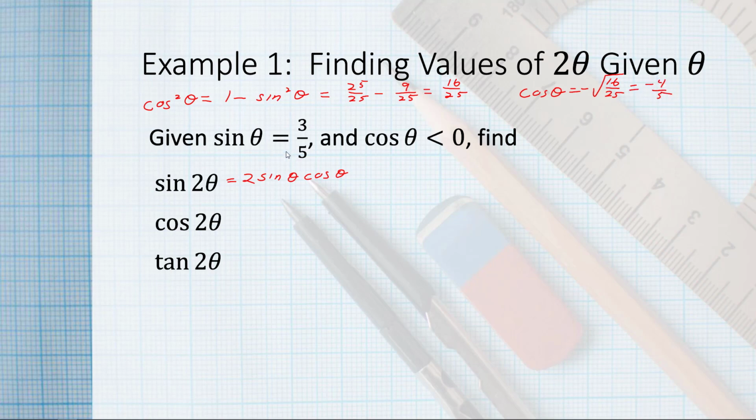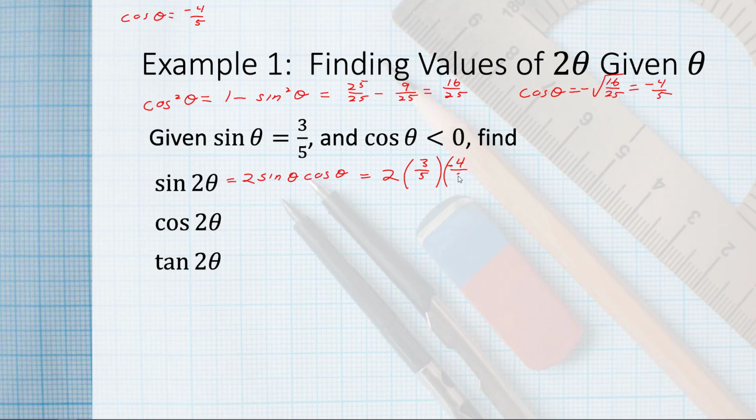So we have sine of theta is 3/5. We have that the cosine of theta is equal to negative 4/5. And now we have everything we need to solve this problem and actually all the other problems. Okay, so sine of 2 theta is going to be equal to 2 times the sine of theta, which is 3/5, times the cosine of theta, which is negative 4/5.